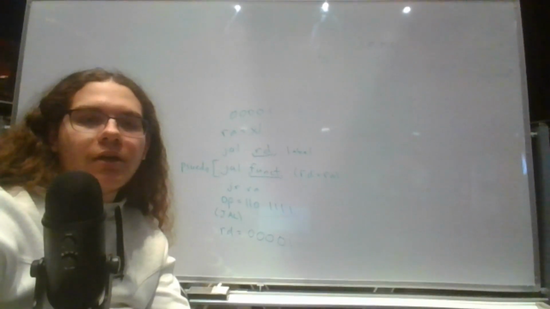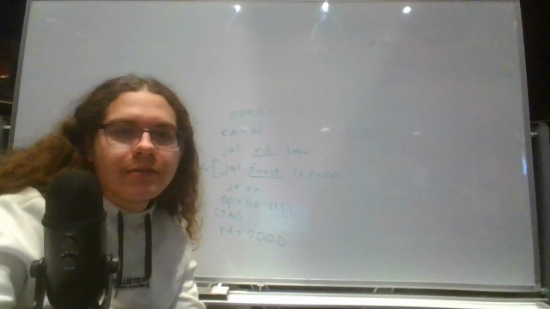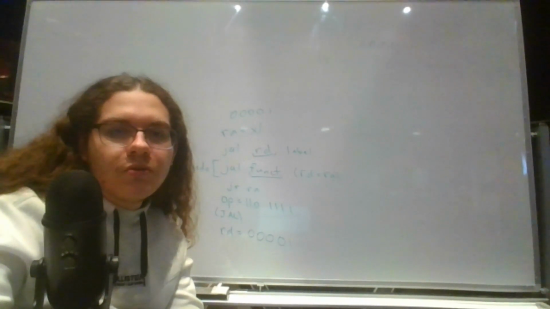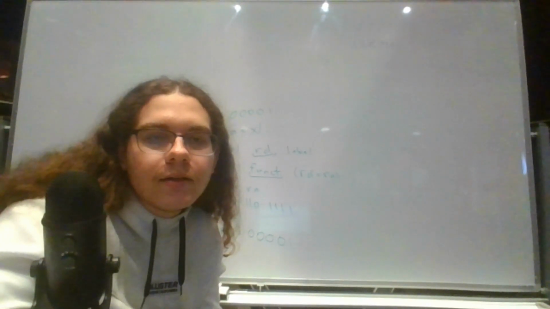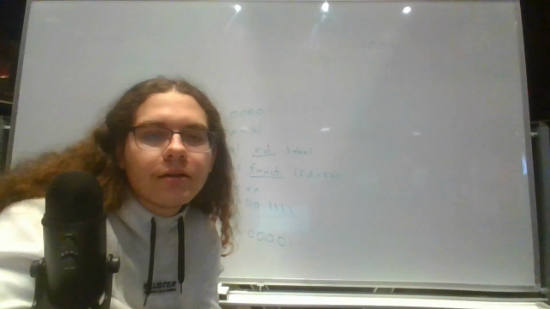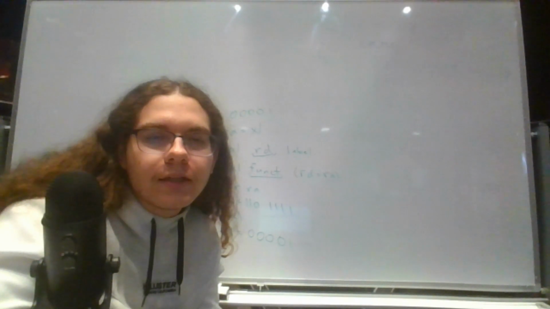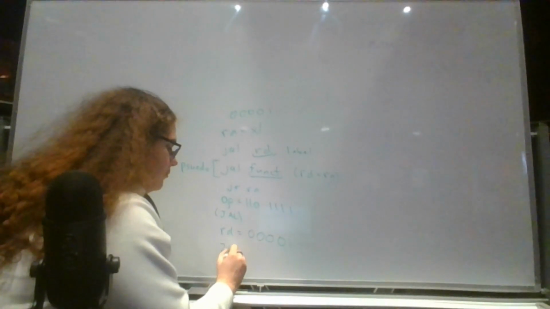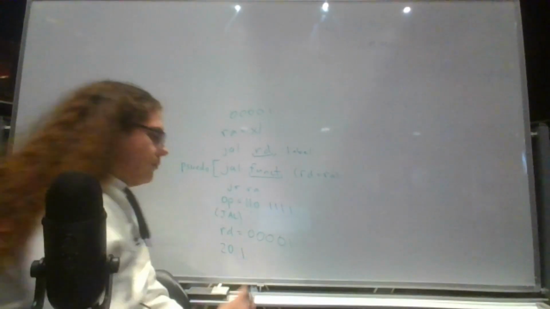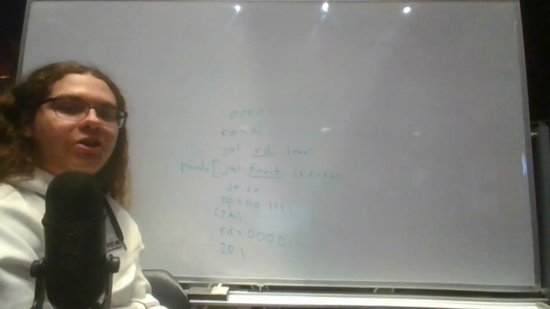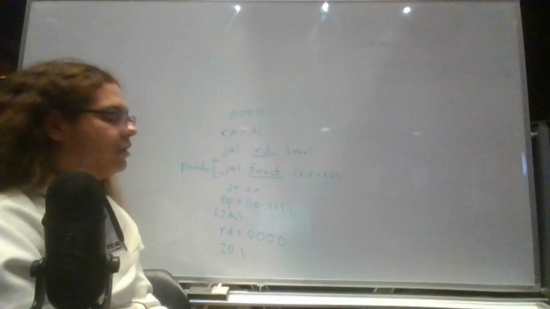In our encoding, we actually only have bits 20 to 1. That looks right, 20 to 1. Those are the only bits that we actually encode in our machine code.